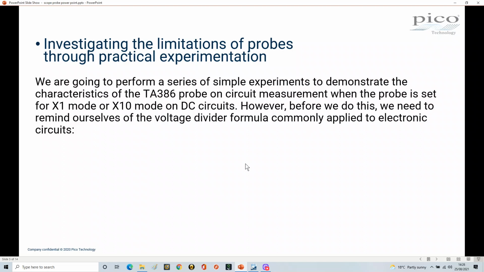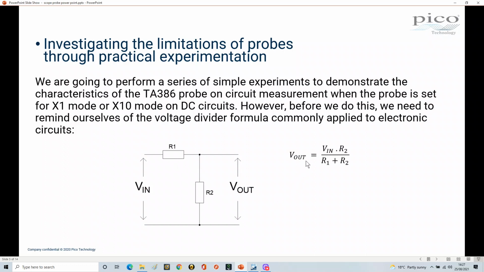So first of all, we're going to look at the simple formula associated with voltage division. This is like level 1 degree type electronics, where this is the standard voltage divider equation where you've got a resistor R1, another resistor R2, and these are in series. You've got V in here, V out here, and you're looking at the relationship of V in, V out depending on what's going on with these resistors.